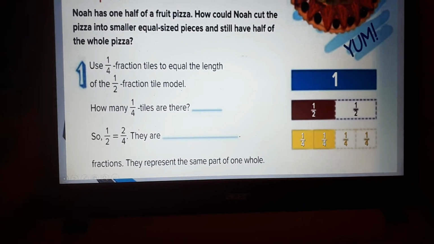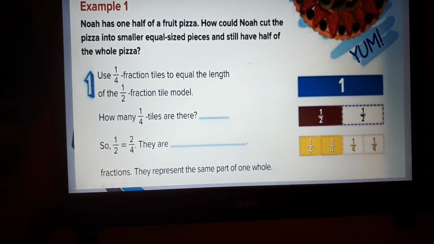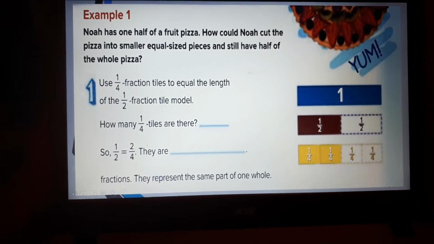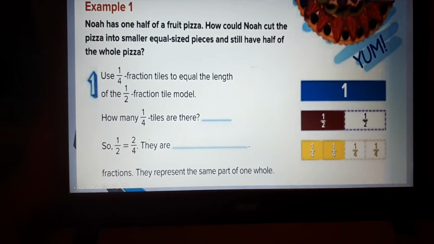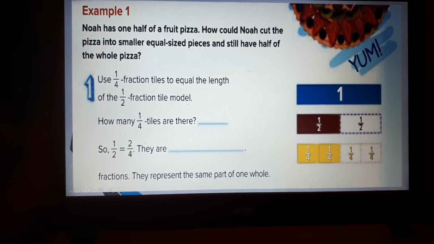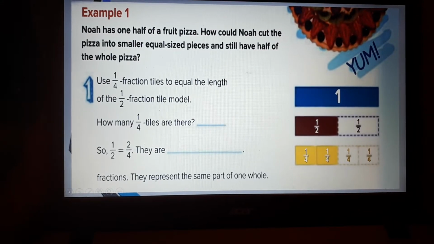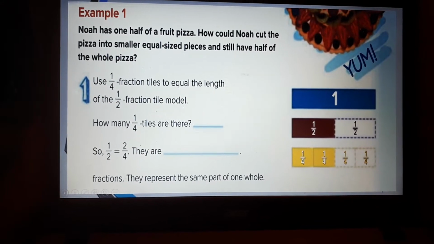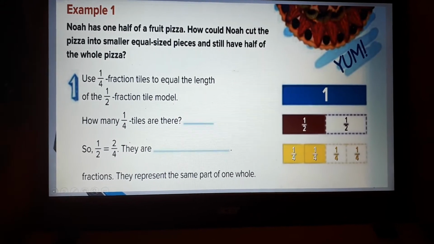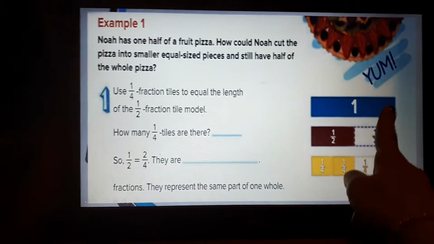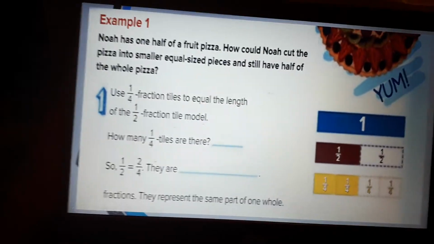Now look at this example in your book, page 601. Noah has 1/2 of the fruit pizza. How could Noah cut the pizza into smaller equal-sized pieces and still have half of the whole pizza? Look here, one is a whole, like this one.